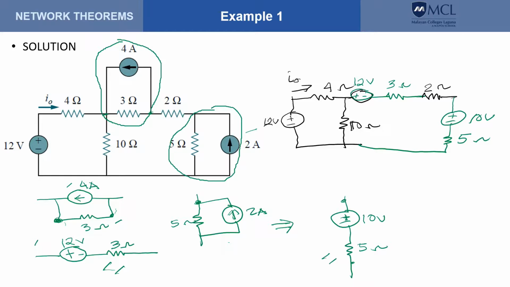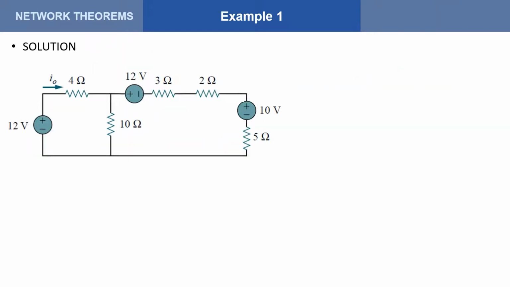Take note that this, and these are now all in series. So we could actually add the resistances and the two voltages that are in series. This is our simplified circuit.